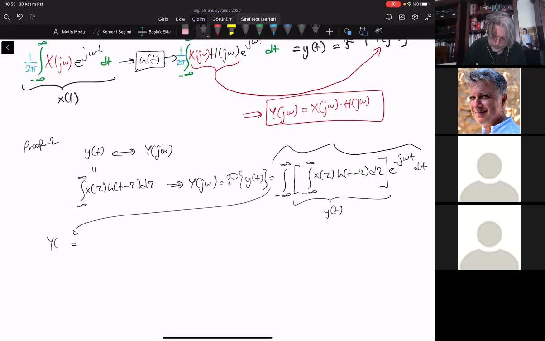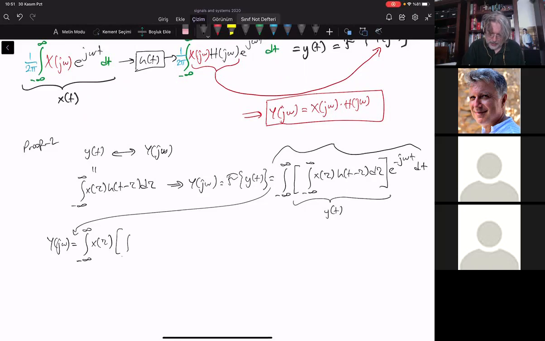So Y of j omega is the thing that I'm looking for still. Integral from minus infinity to infinity, I will isolate x of tau here. And I will put d tau at the end. But inside it, there is an integral of t.